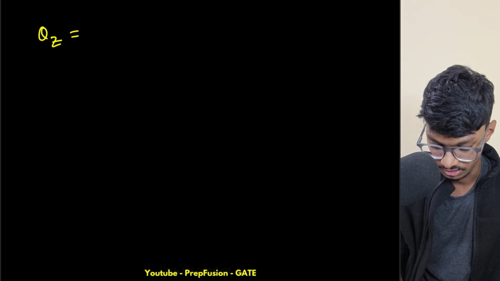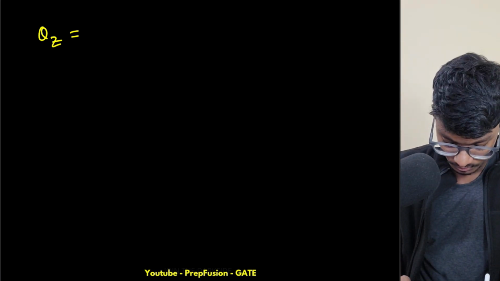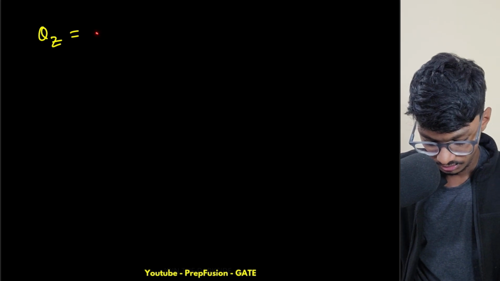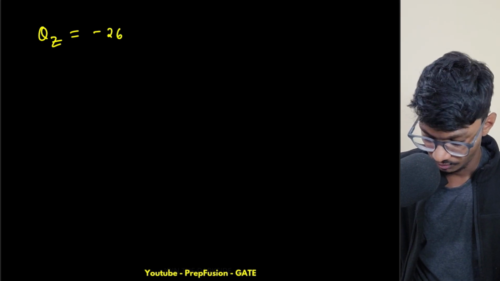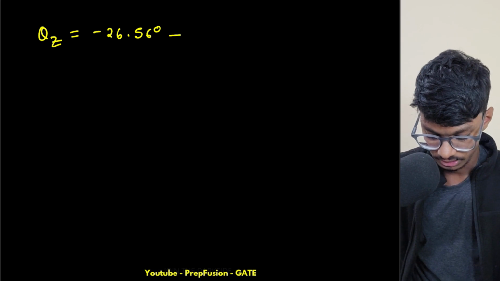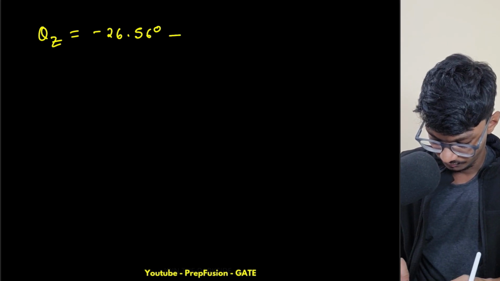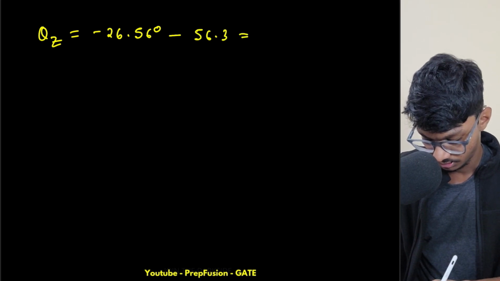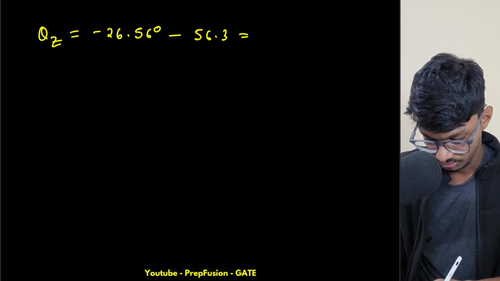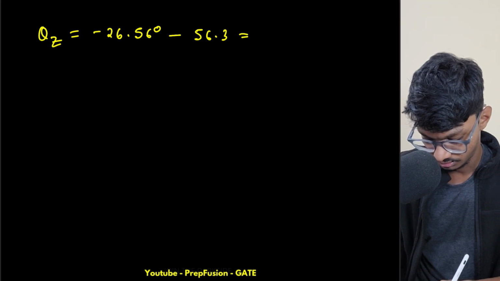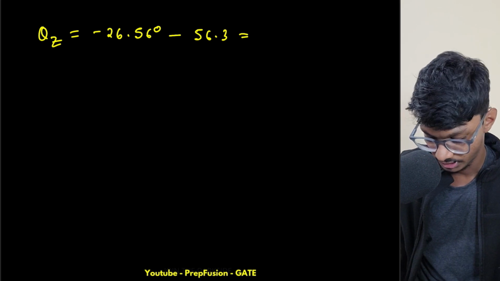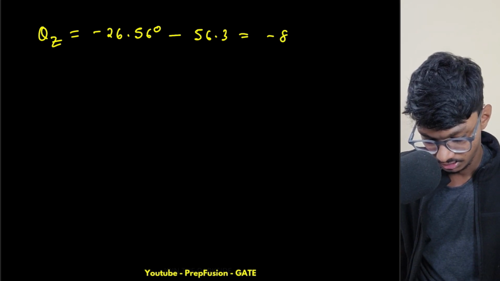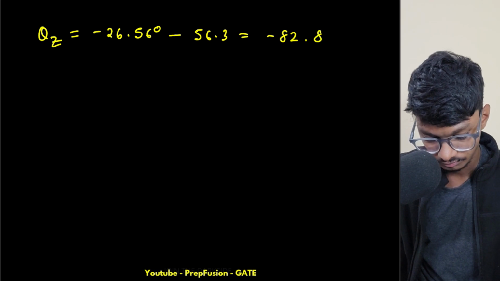So let me quickly calculate them. Tan inverse 0.5 is minus 26.56 degrees, and tan inverse 1.5 is minus 56.3, which equals minus 82.87.